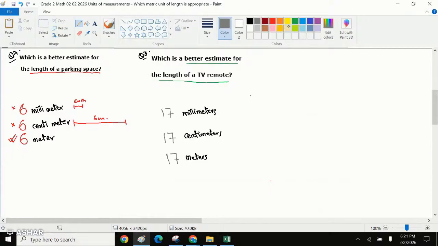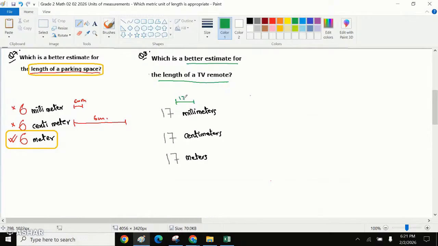We said in the previous question that the length of the parking space was just 6 meters, right? So can a TV remote be 17 meters? What is a better estimate? 17 millimeter would be this length, right?